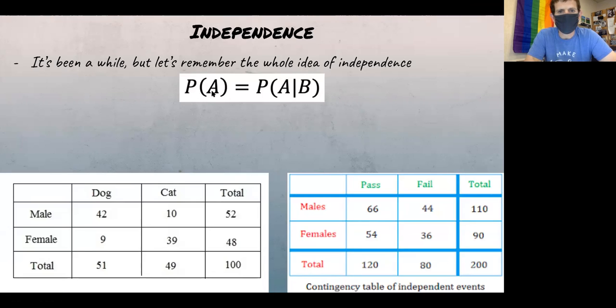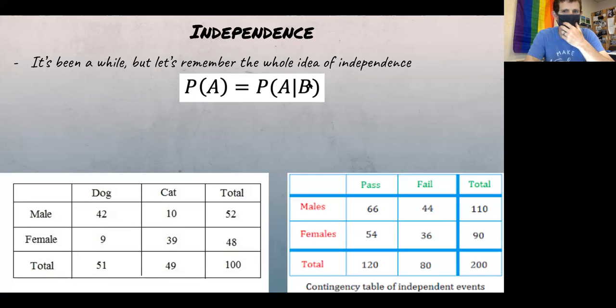You have the probability of A equals the probability of A given B. So if events are independent, then the probability of one event occurring will be the same as the probability of that event, given that another event takes place.